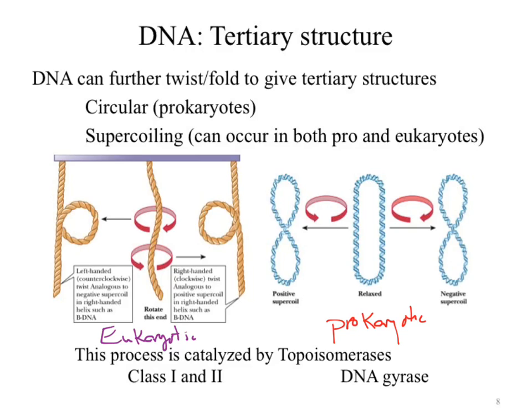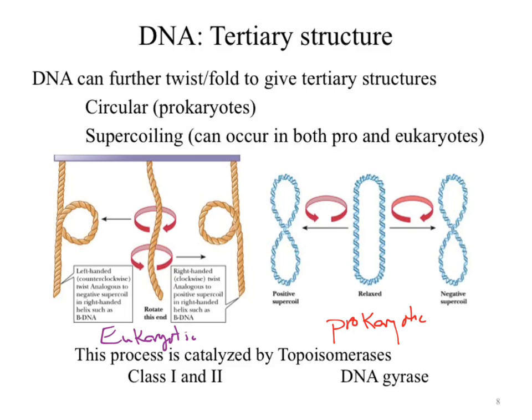If we don't need to get at the genetic information, we want to protect it as much as possible. So that's why we'll coil the other direction to then trap the genetic information tighter in so that enzymes can't get through and activate it. The enzymes that are involved in this are typically your DNA gyrases, also known as your topoisomerases.